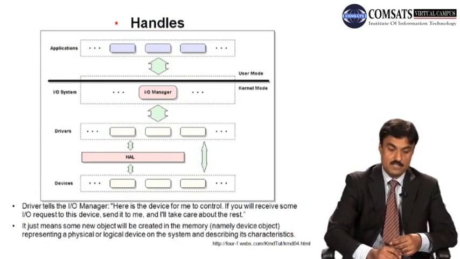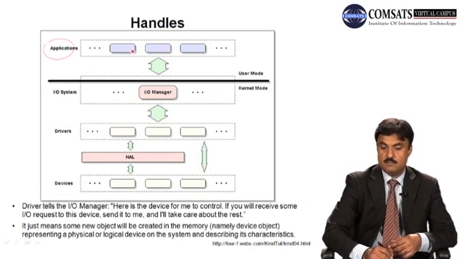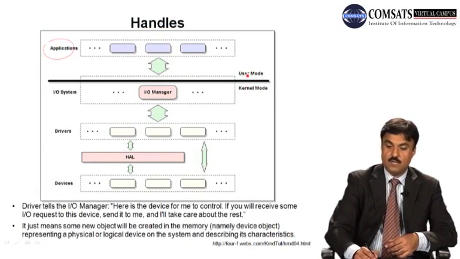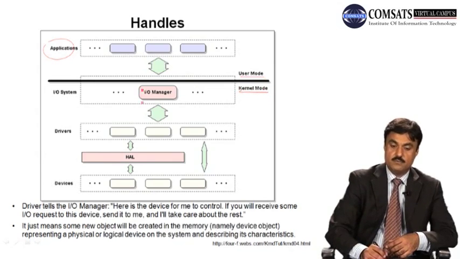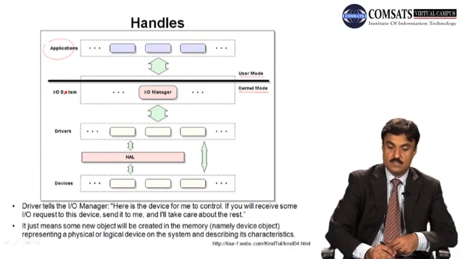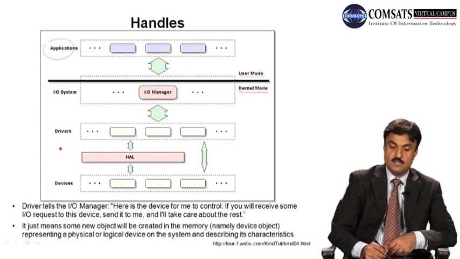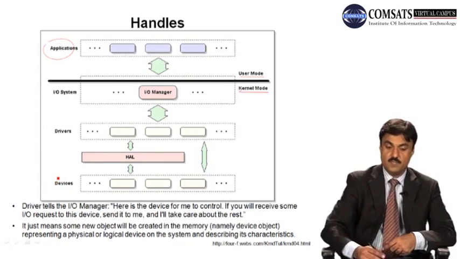Here you can see we have applications, and there are multiple applications. Then we have user mode and kernel mode. We have the input output manager, the I/O subsystem, then drivers, and then devices.